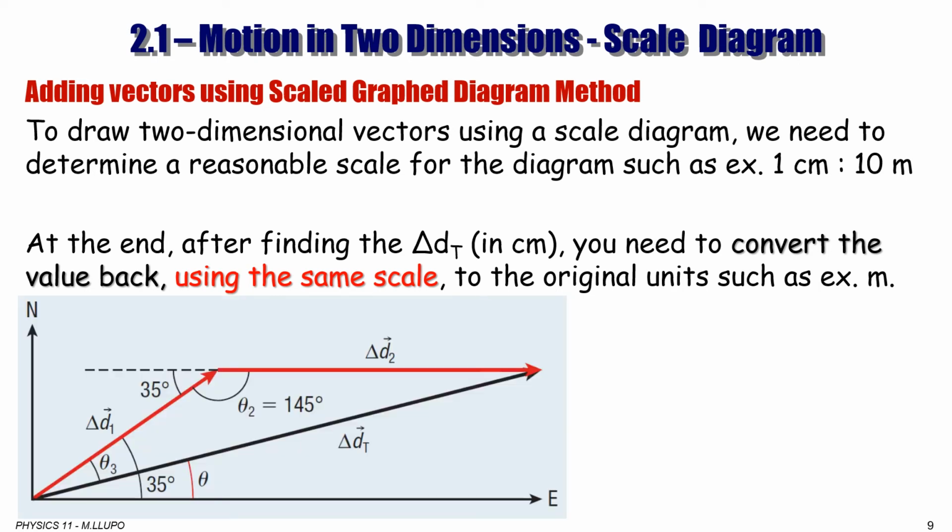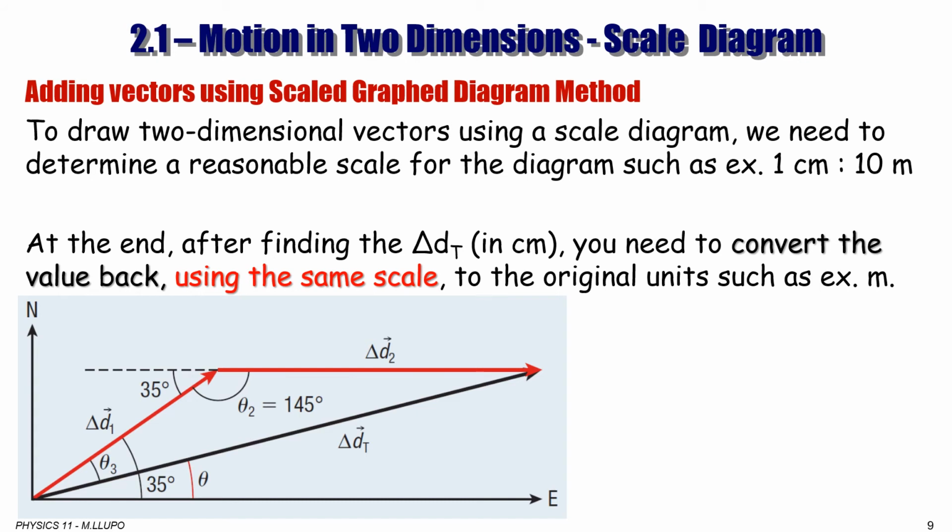Here is one example. If you have to draw vectors delta d1 and delta d2, you know exactly that delta d1 is shorter than delta d2. Delta d1 is east 35 north, and delta d2 is east. The delta d total is the line that joins where delta d1 starts to where delta d2 ends.